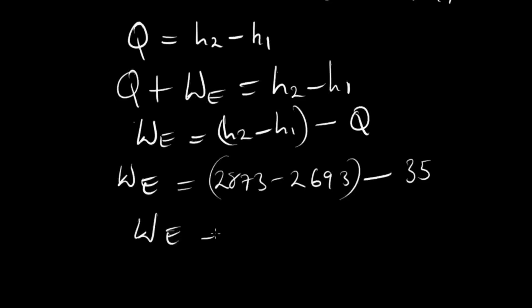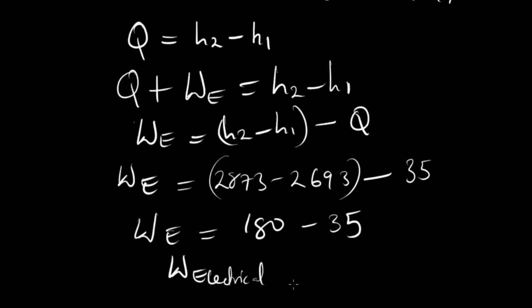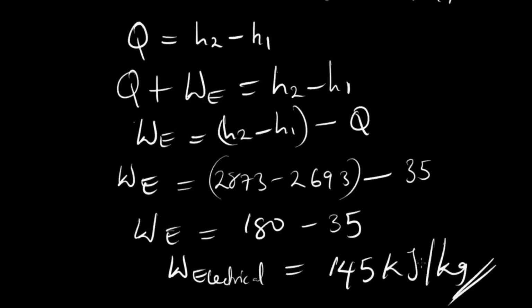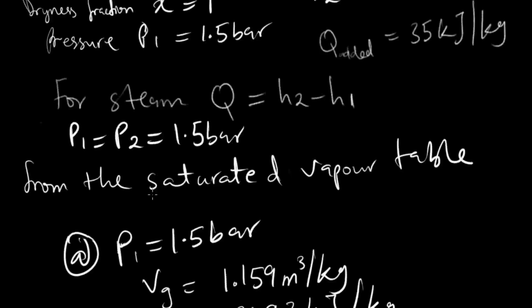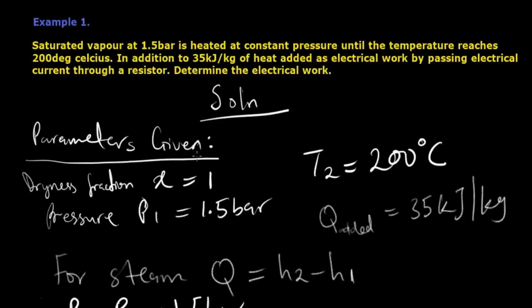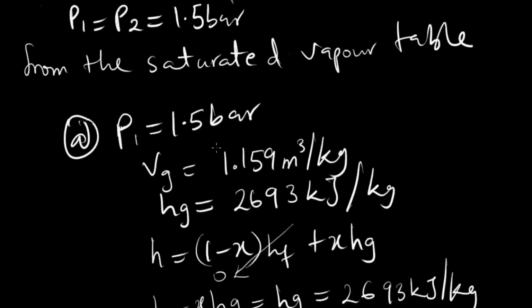So electrical work now will be 180 minus 35, which is 145 kilojoule per kilogram. So we are done. We have determined the electrical work stated in the question.